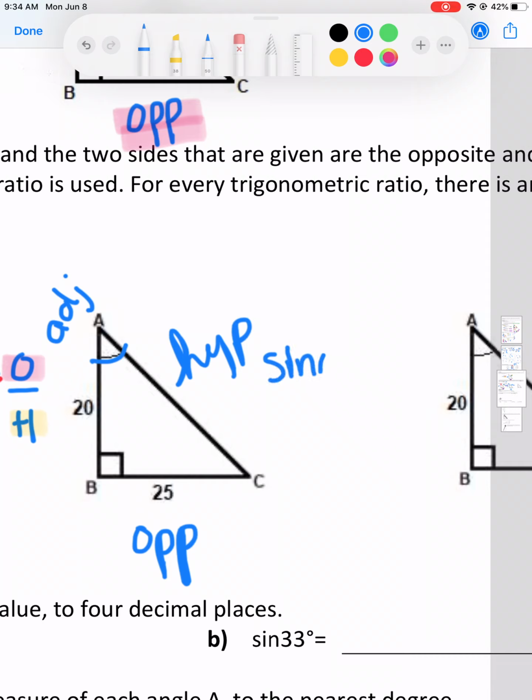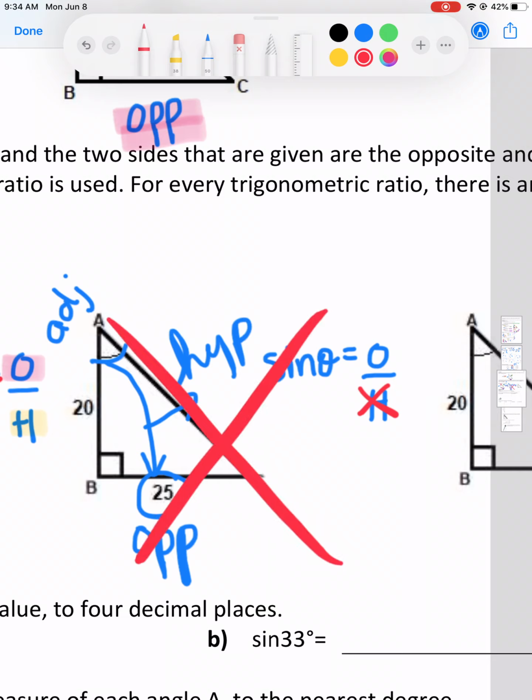Sine theta is equal to opposite over hypotenuse. Do I have an opposite value? I do. Do I have a hypotenuse value? No, I don't. So I cannot use sine to solve for that triangle. I would have to use one of those other ratios that I was just showing you.